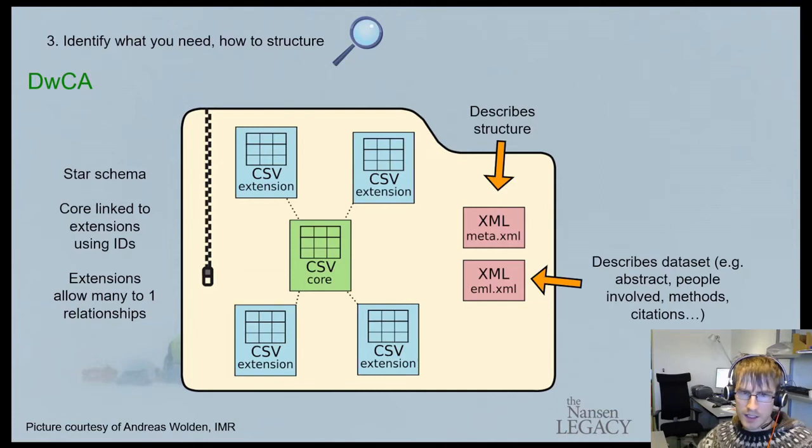And this just includes metadata that describes the dataset as a whole. So an abstract, for people who are involved, etc. You don't need to worry about these XML files. They'll be created automatically when you start creating your archive using the Integrated Publishing Toolkit. Again, it's just filling in a form and uploading your data.